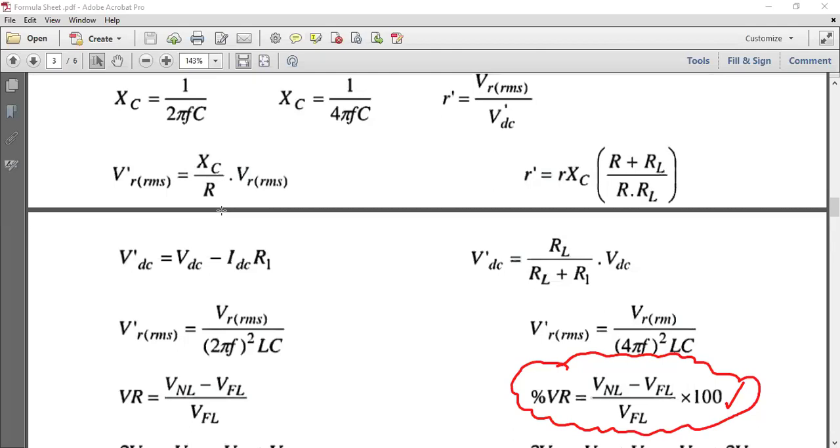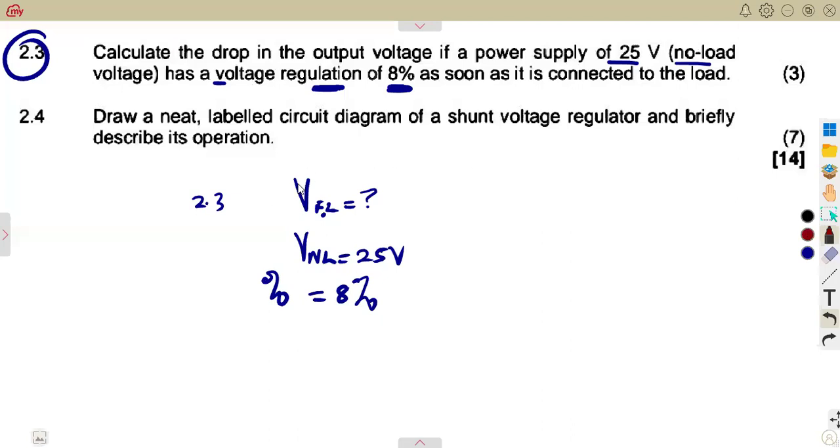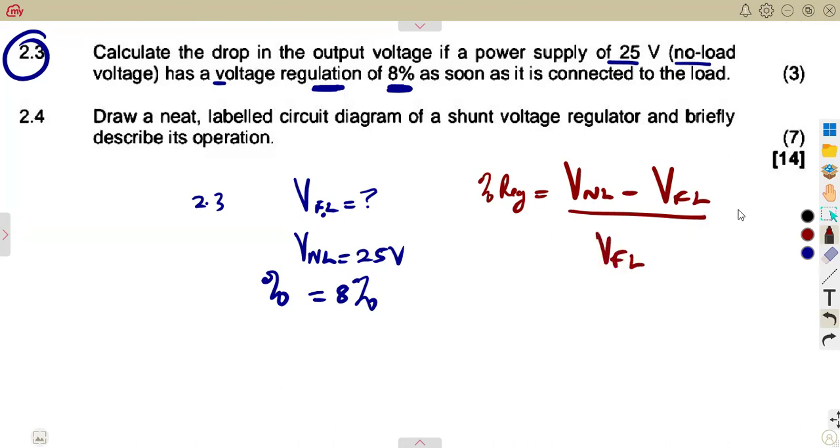So with this, you are just going to make the subject, or just substitute and calculate. The percentage regulation is given by V no load minus V full load, everything over V full load, times 100%.